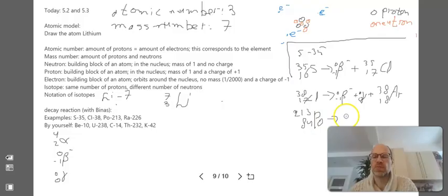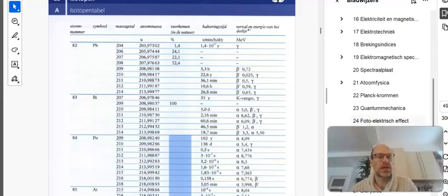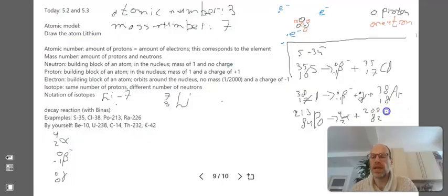And with a decay reaction, we have alpha. And alpha is 4,2. Well, if we have 4,2, we need to balance it again. We have 213 equals 4 plus 209, and 84 equals 2 plus 82, and 82 is PB, and that is lead.